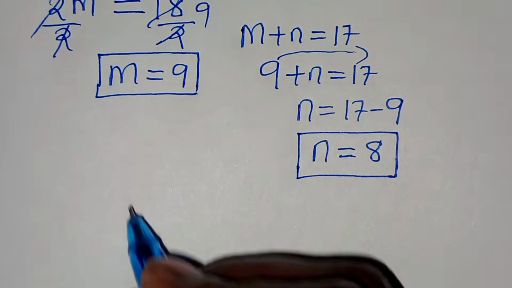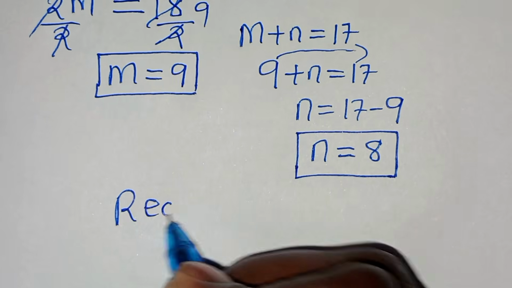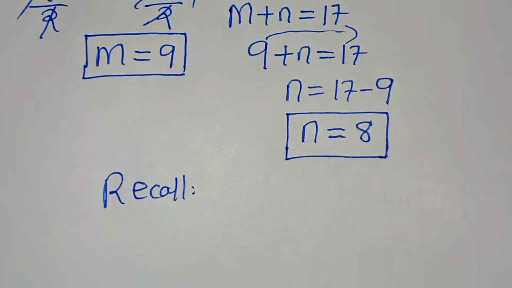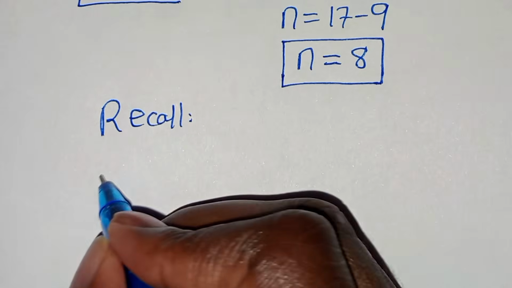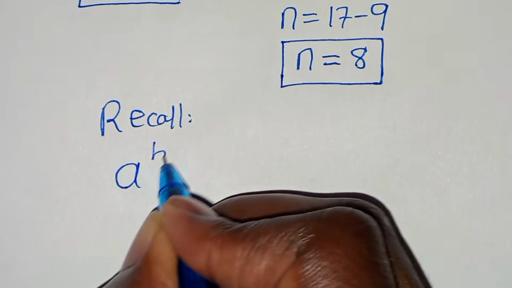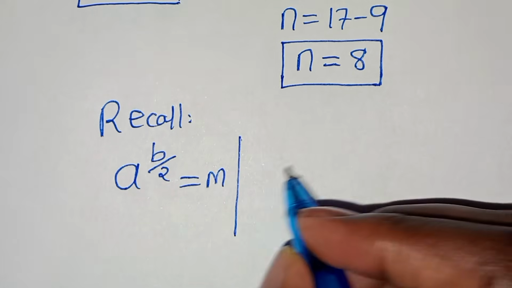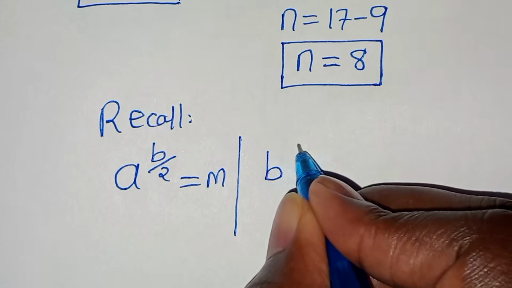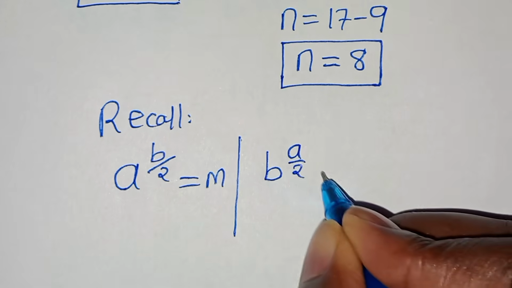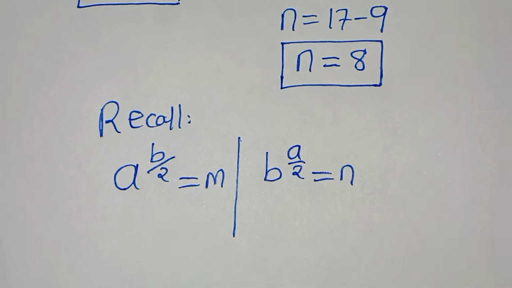Now, if you recall, we let a to the power of b over 2 be equal to m, and b to the power of a over 2 be equal to n.